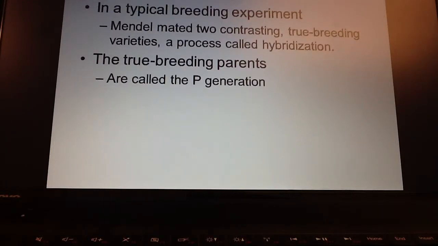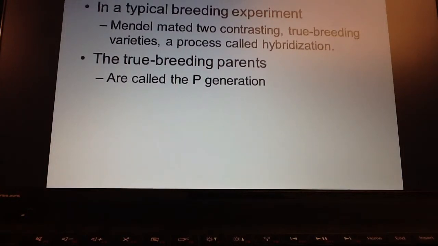He would take 2 pea plants that have contrasting traits, and then he would crisscross them together. Now, the parents or the original plants that he would use in his experiments were true breeding, which means that they only had one type of gene. And we call that the parental generation.